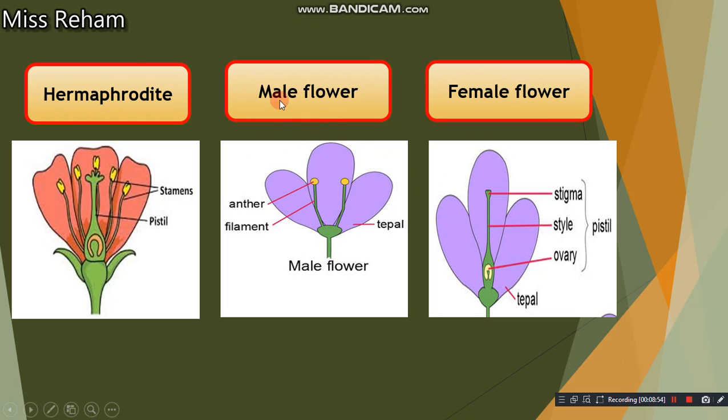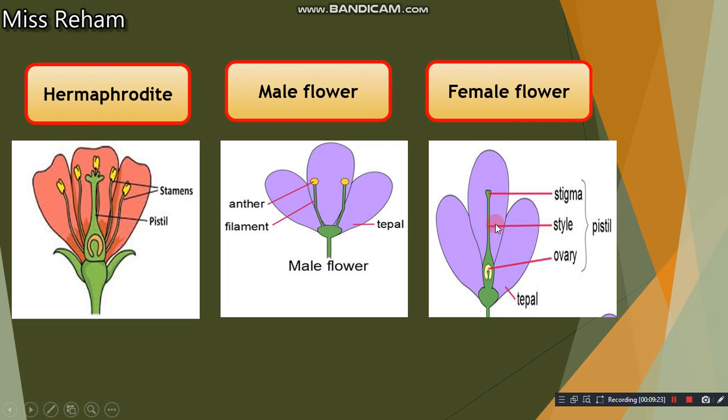Number 2, the male flower. The male flower contains only the male organs, as you see in this picture: anther and filament. These are the male organs.